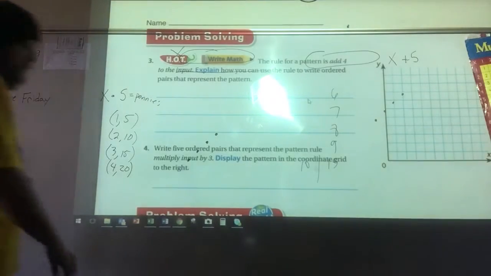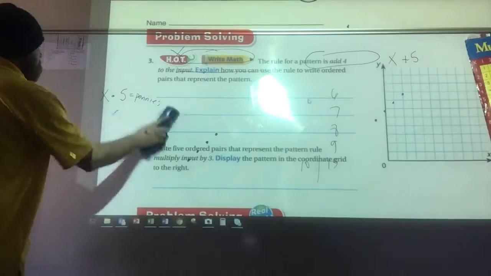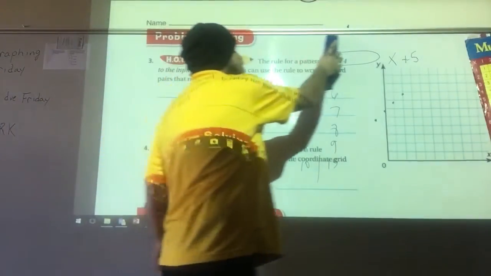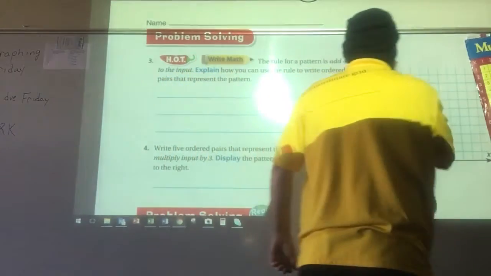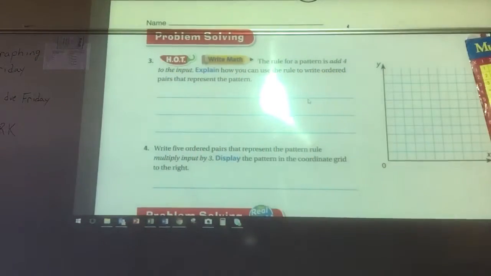All right. This question, actually very easy because it tells you in the question what the answer is. The rule for a pattern is add 4. So what kind of pattern is it? Additive. Add 4 to the input. Explain how you can use the rule to write the ordered pair. So how would I use the rule to write the ordered pair?